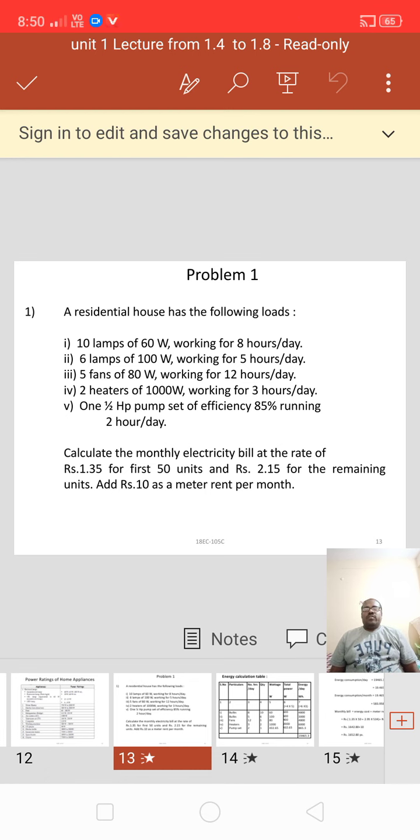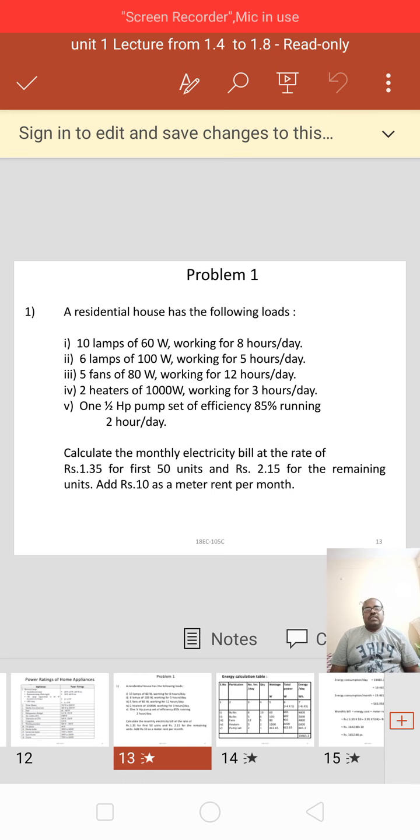By taking the given data, we must calculate the monthly electricity bill at a rate of 1.35 rupees for the first 50 units and 2.15 rupees for the remaining units. Add 10 rupees as a meter rent per month. This is the problem from the power and energy consumption point of view.